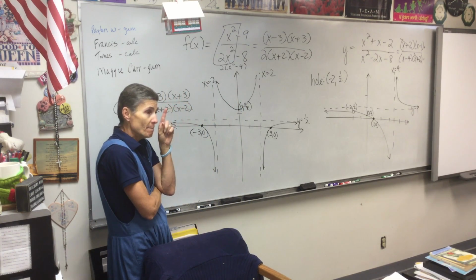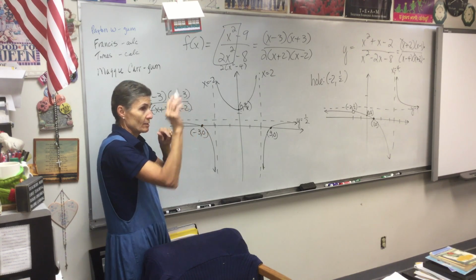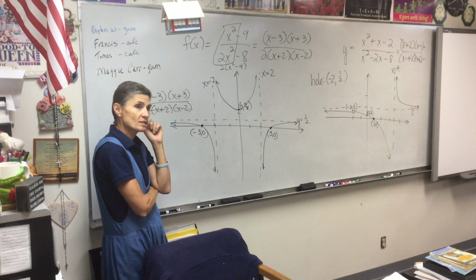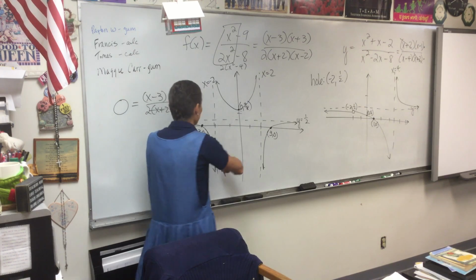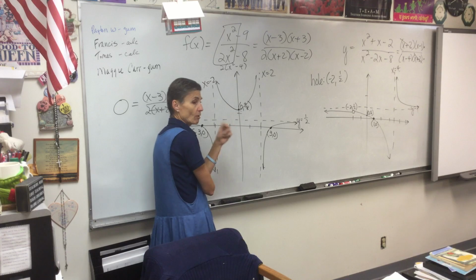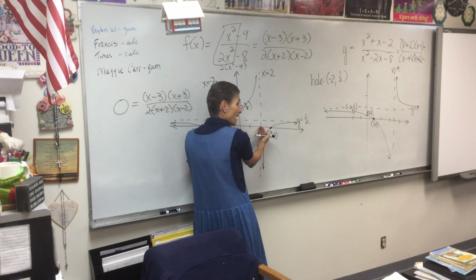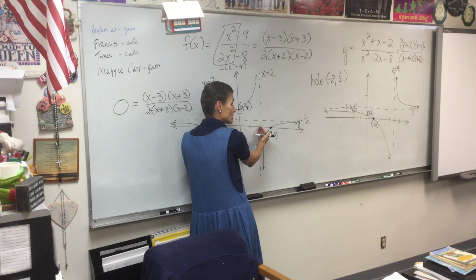Now, a minute ago when I did one like this, it was a kind of cubic shape. How do I know this one's not a cubic shape? How do I know it doesn't do something like that, squiggle through? It can't cross the axis. It cannot cross the axis between these two asymptotes.